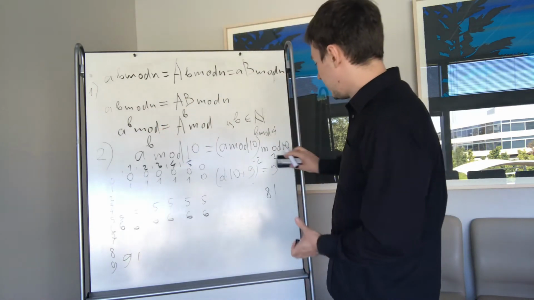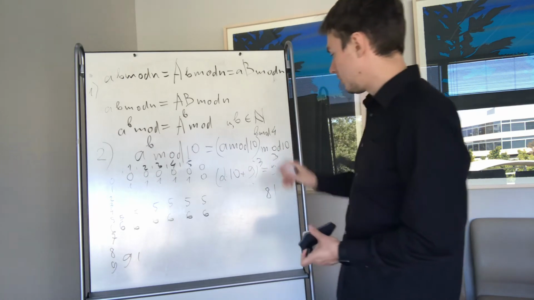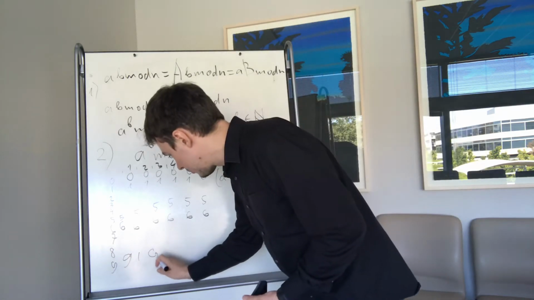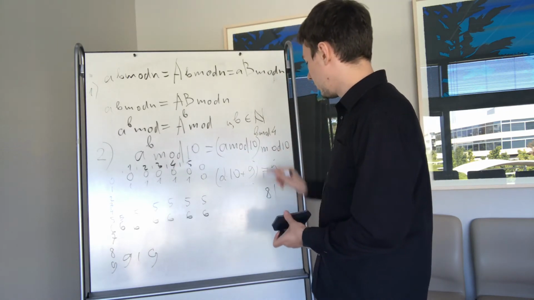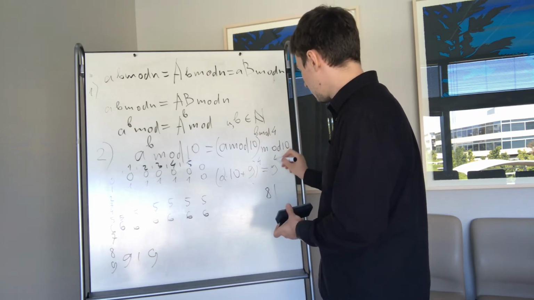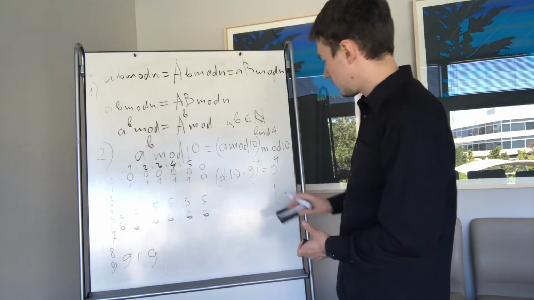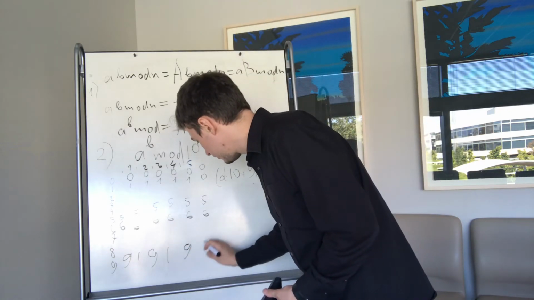What is the last digit of this number? It is 9. Of this, it is 1, and so on.